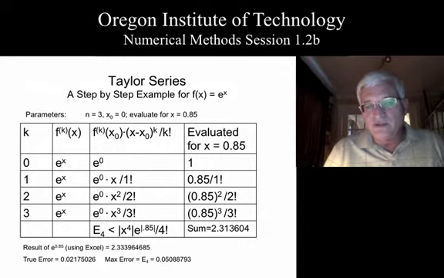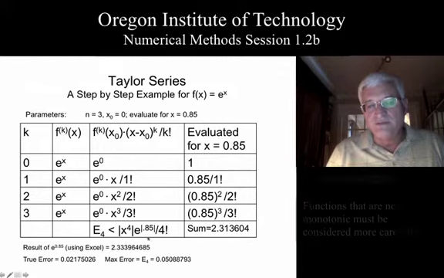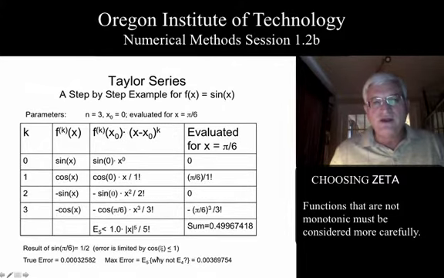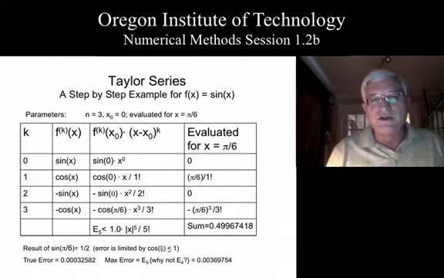We know that the exponential is a monotonic increasing function, and therefore the largest value we're going to get out of e to the x is going to be at its rightmost point within the interval that we're constrained to. So this is as big as that error could ever get, and in fact we're seeing that it worked quite nicely. Let's try the same approach on a different function.